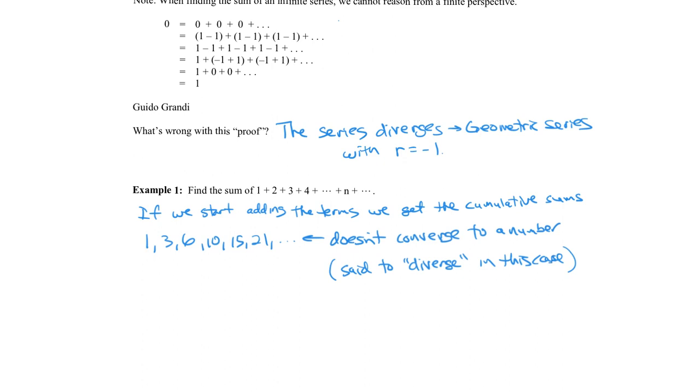Another term that we can talk about though is these partial sums. So we could say S sub 1 equals 1, S sub 2 equals 3, S sub 3 equals 6, and these are called partial sums.